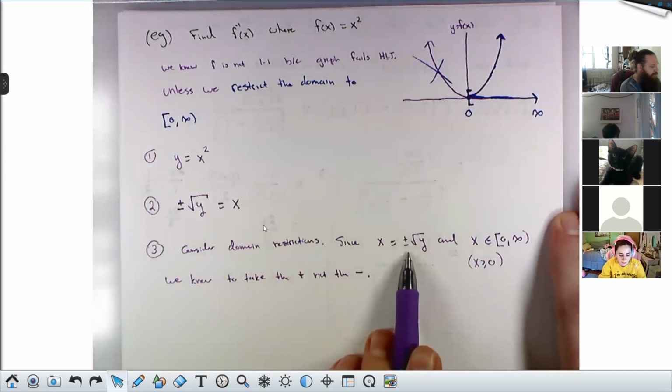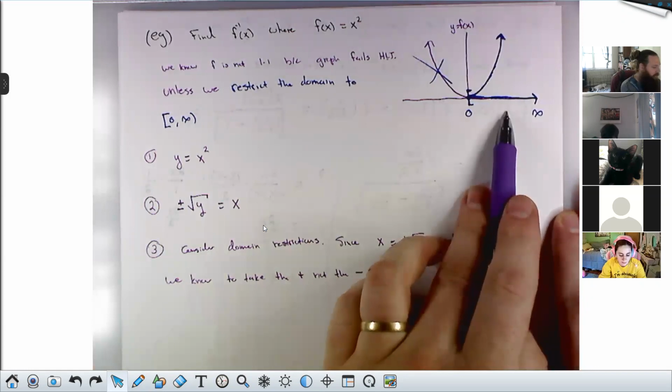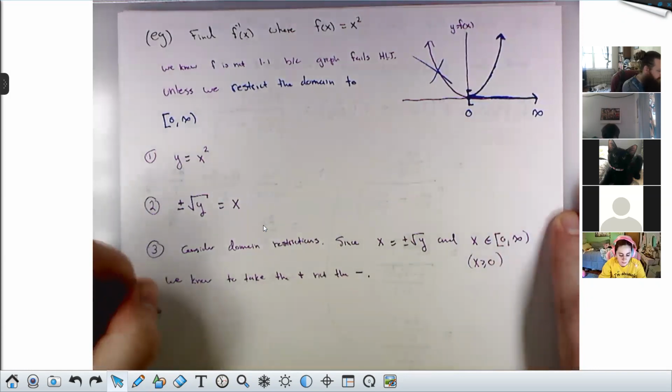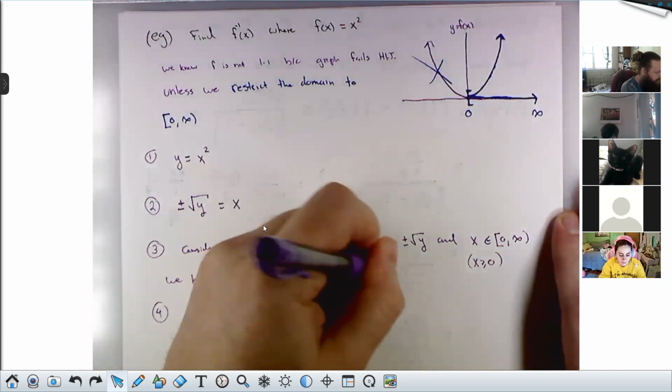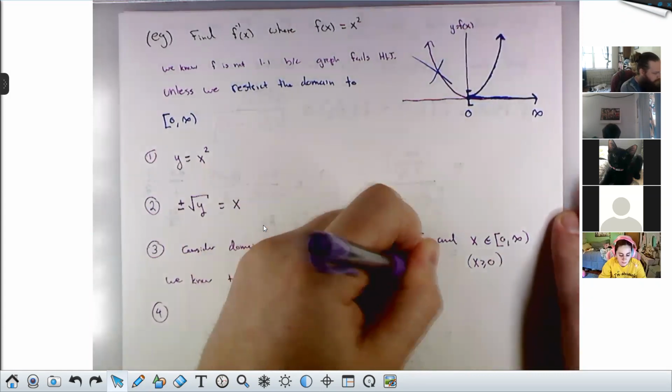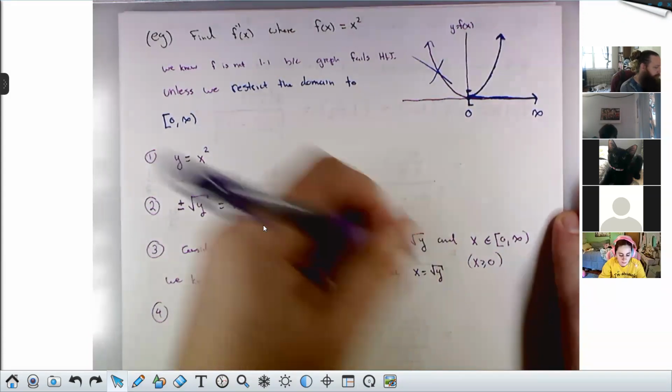If I took the minus, then I'd be saying x is always negative, but x is never negative because of my domain restriction. Hence x is equal to the positive square root of y.